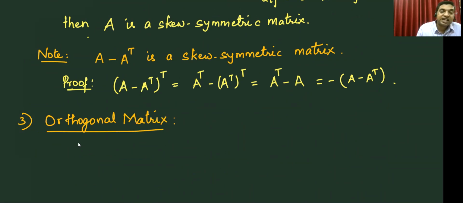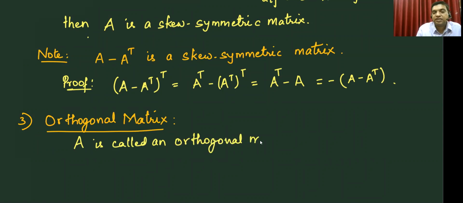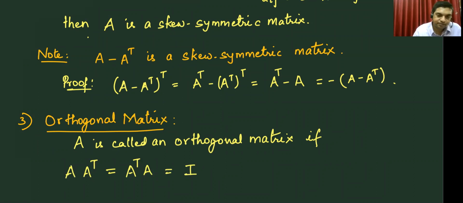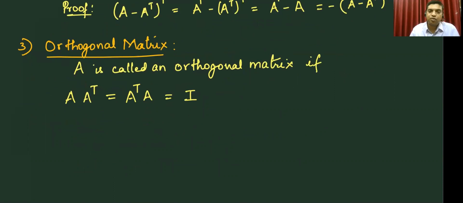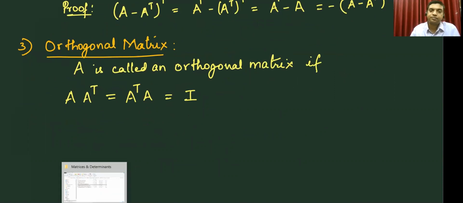A is called an orthogonal matrix if A multiplied by A transpose is equal to A transpose multiplied by A is equal to I. Okay, this is called an orthogonal matrix.